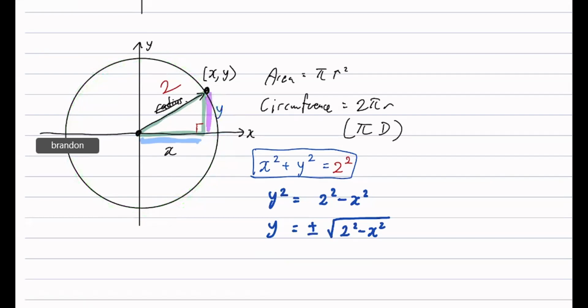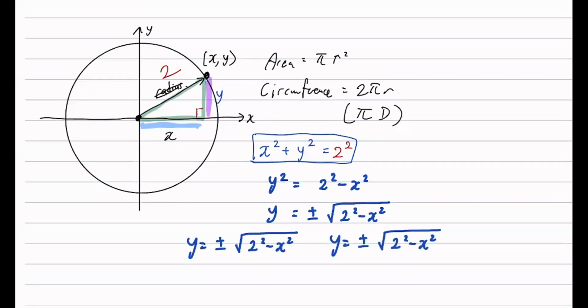So if I split this up, I get y equals the negative square root versus y equals the positive square root. It's actually referring to the top half of the graph and the bottom half of the graph. Okay?